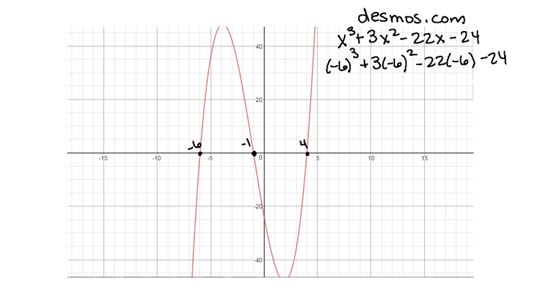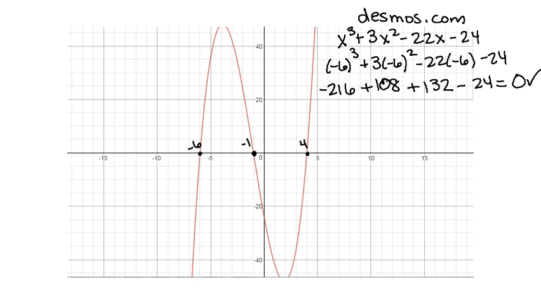And when I check that, it goes negative 216, again by Miss Roy's Magic Math, because I did this already in my calculator, so that you don't have to wait for me to plug it in there. 132 and minus 24. That one checks out and goes to 0.